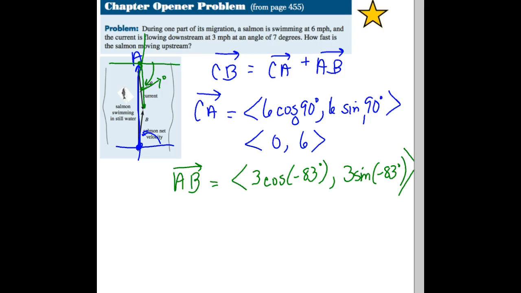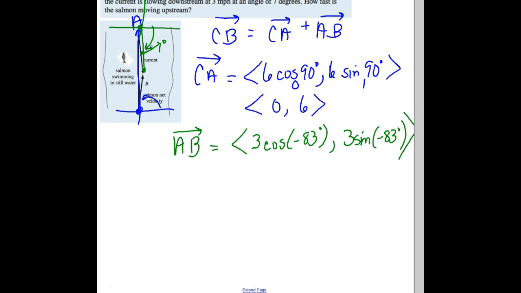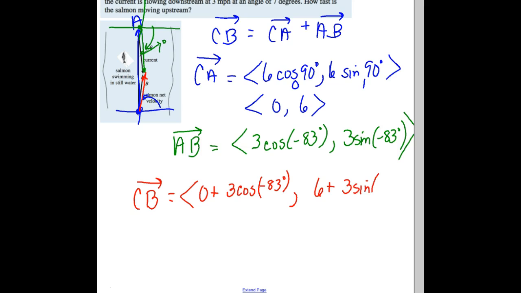Okay. And what we want is the sum of those two vectors. We want vector CB, this one here. So CB, we said, was just the sum of the other two. So we have 0 plus 3 cosine of negative 83 degrees, and then we have 6 plus 3 sine of negative 83 degrees.